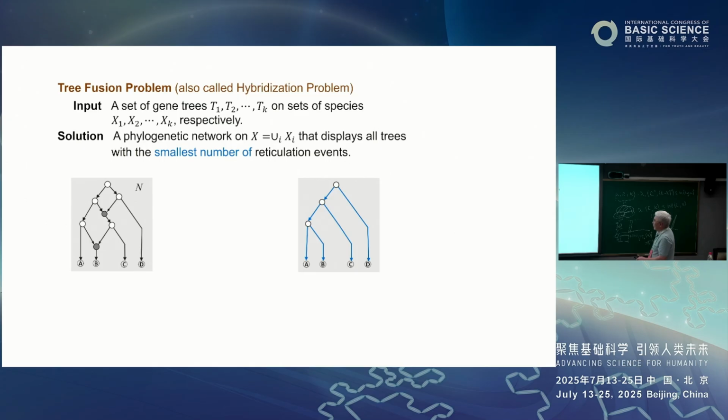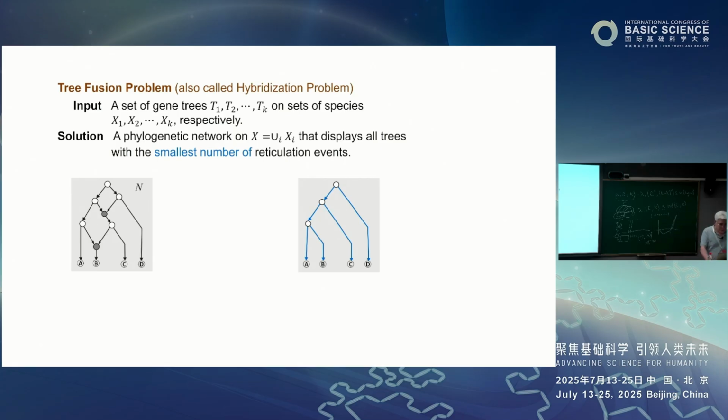These species sets are not necessarily the same. The solution is a phylogenetic network on the union of the Xi that displays all the trees with the smallest number of reticulation events.